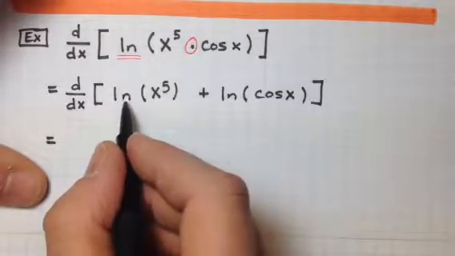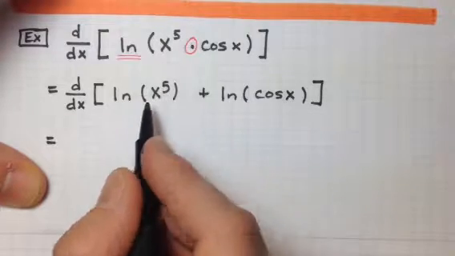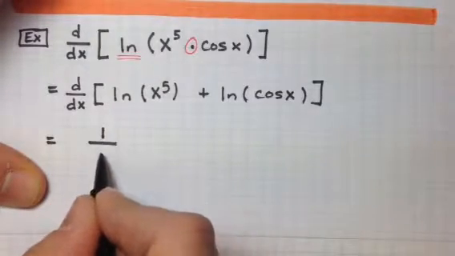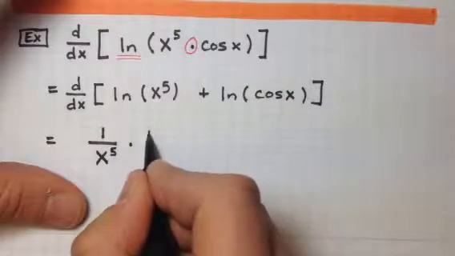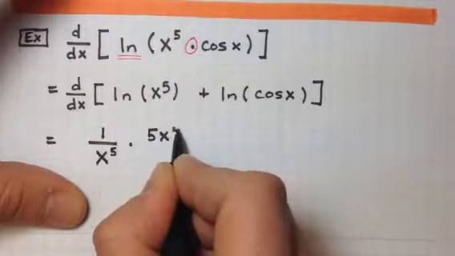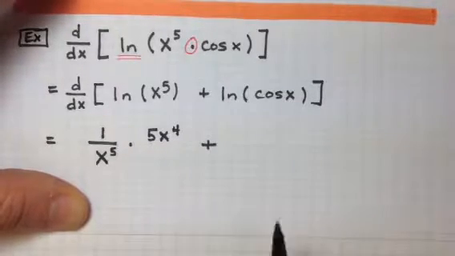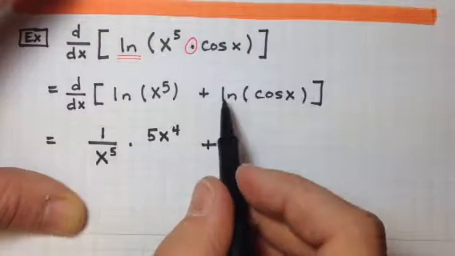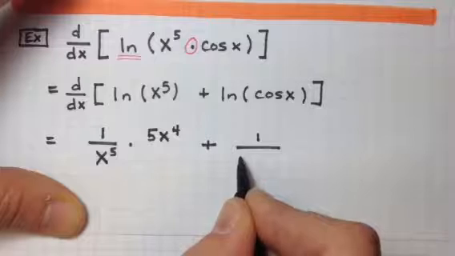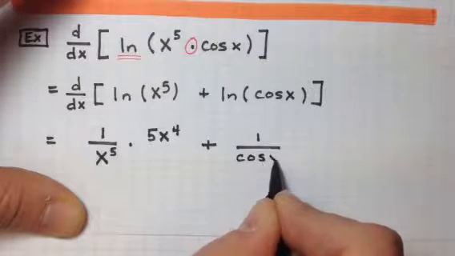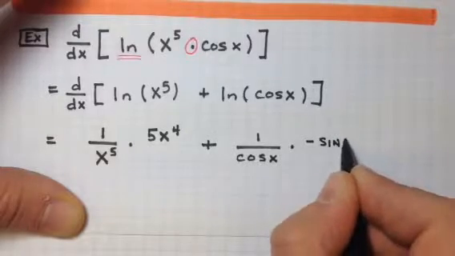The first one, we would say, all right, outer function is natural log, inner function is x to the fifth, so we get 1 over the inner function multiplied by the derivative of the inner function, plus second expression. Outer function is natural log, inner function is cosine, so we get 1 over the inner function multiplied by the derivative of the inner function.